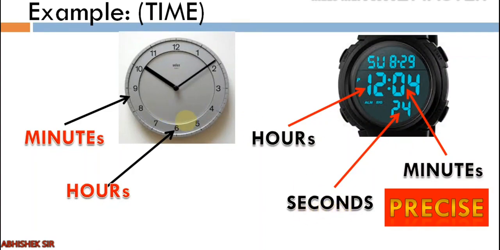So if you compare which one out of these two can measure a smaller unit of time, obviously it is this digital watch. So out of these two, the digital watch is said to be more precise. Clear? So precision is related to the minimum measurement, the least count of any measurement. If that instrument can measure smaller measurements, then it is said to be more precise.